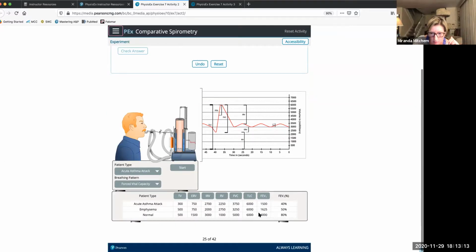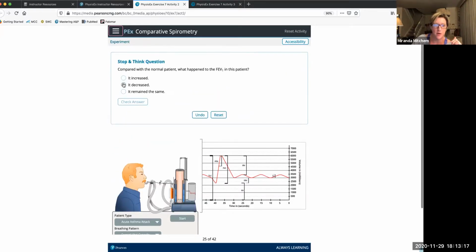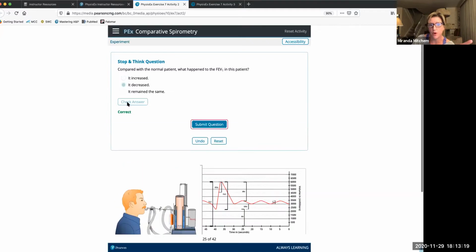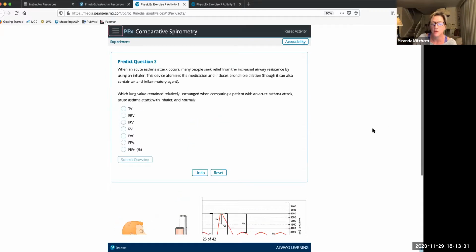So now we're at 4,000 versus 1,500. It decreased as well. So both the FEV1 and FVC decrease in obstructive disease, usually very proportionally. So that means we get a normal ratio when we divide them out.